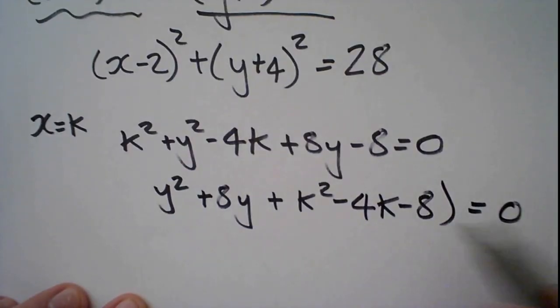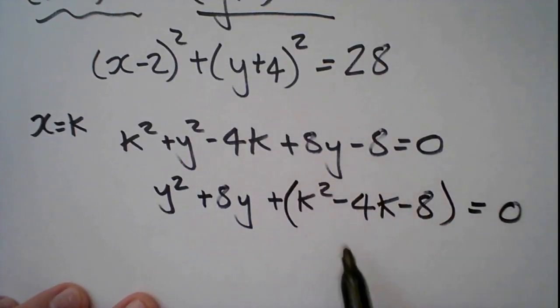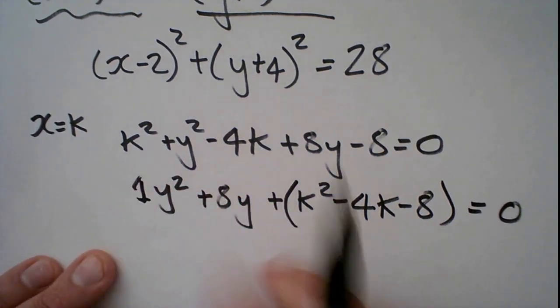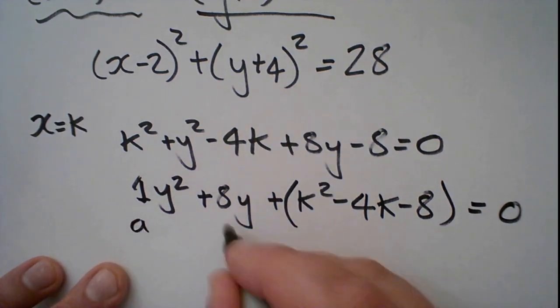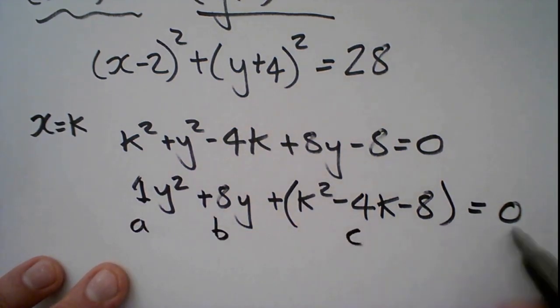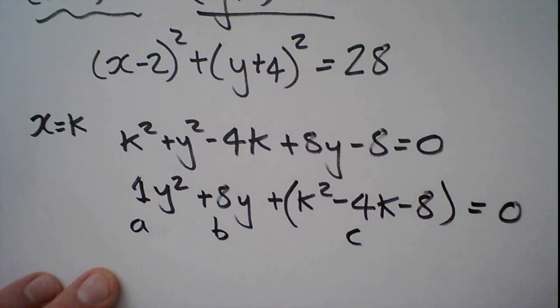It's a good idea to put brackets around all of this, because this is the c part of it. You've got a, b and c, and I think maybe some of us weren't seeing that c part.